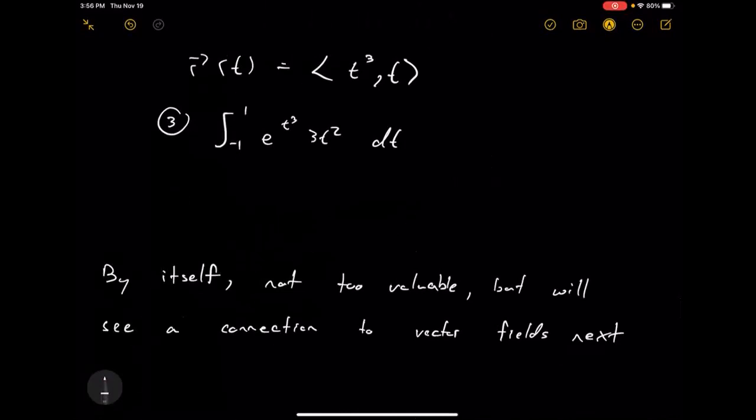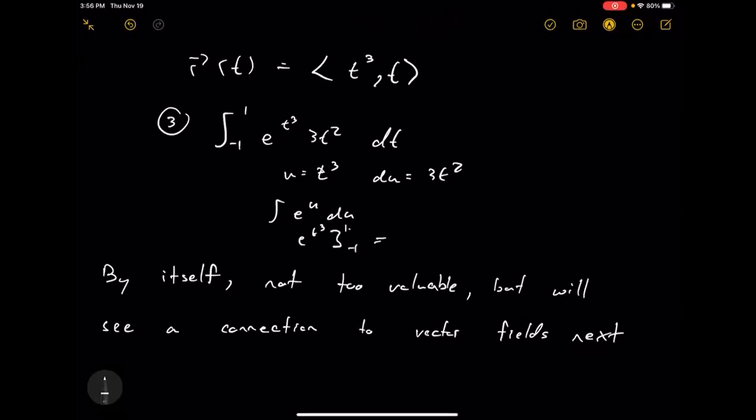So that's my integral, and again, it's a fairly easy u substitution. u equals what? t cubed. du equals 3t squared. So it just becomes e to the u du. And that should be my solution.